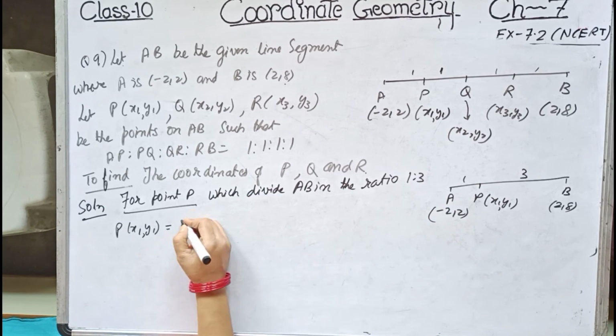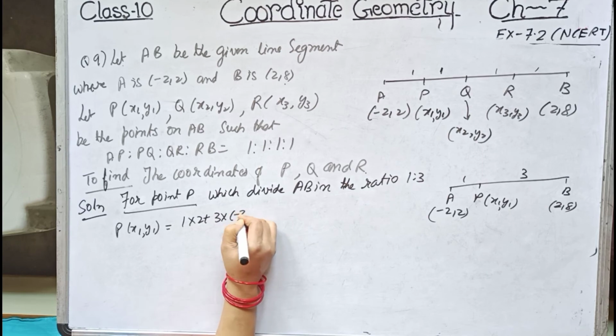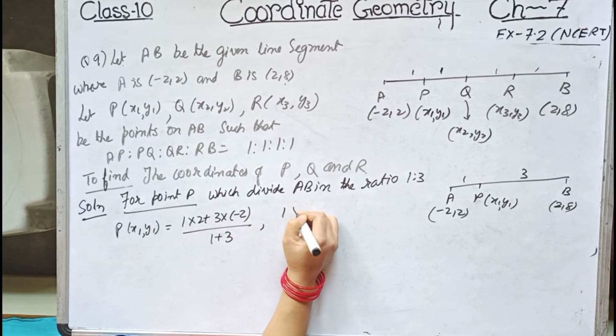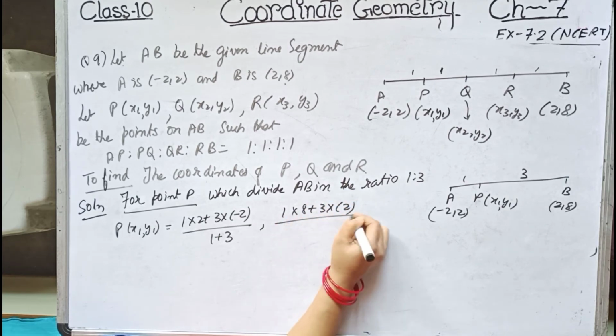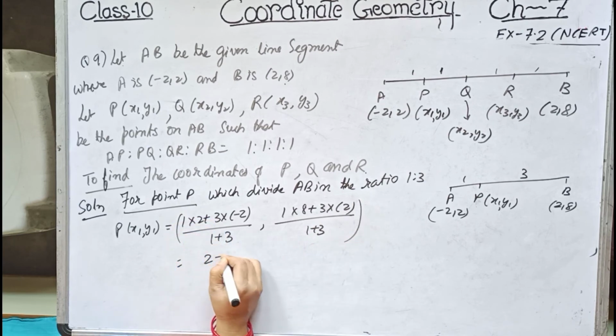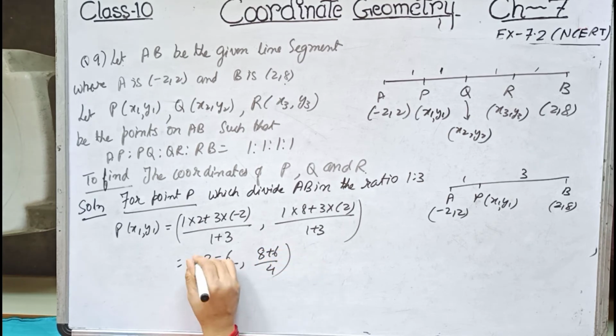So P (x1, y1) is (m x2 plus n x1) by (m plus n), and (m y2 plus n y1) by (m plus n). So this will be equal to (2 minus 6) by 4 and (8 plus 6) by 4.